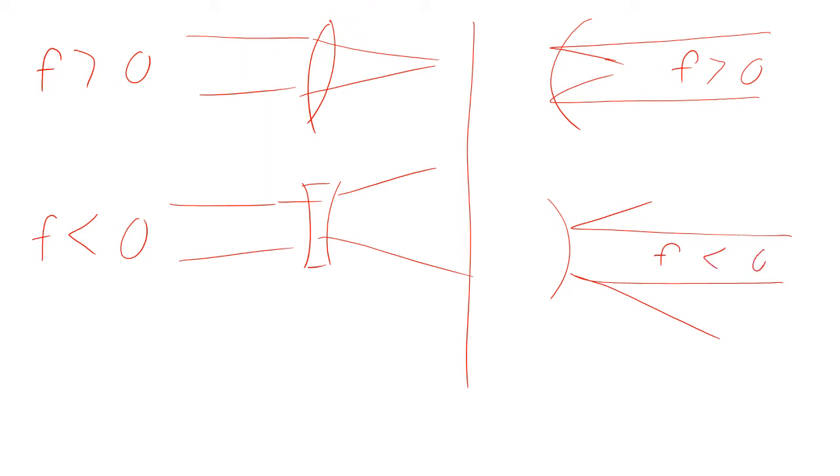So a concave mirror and a convex lens are both positive focal length. A concave lens and a convex mirror are both negative focal length. They work in very, very similar fashions. So this is an application of this whole thing to the idea that we have corrective lenses. So that's an application of all these lenses and optics stuff we've been talking about.